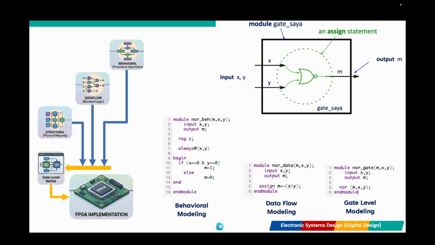So, which one do you choose? Well, gate level modeling is incredibly efficient and gives you total control over the hardware. But as your designs grow, it becomes impossible to wire thousands of gates by hand. That is why, for complex high-level systems, behavioral modeling is the way to go.